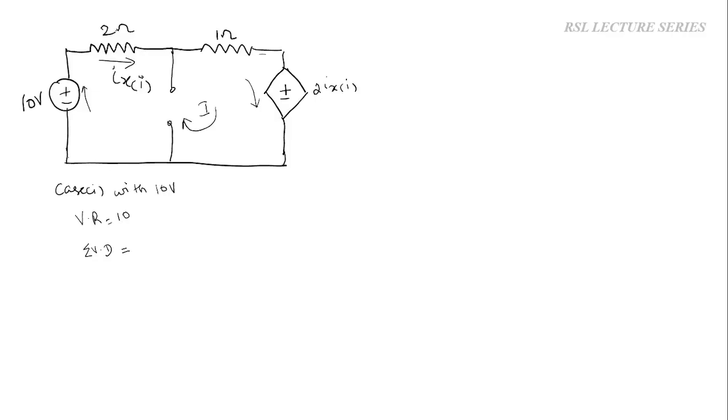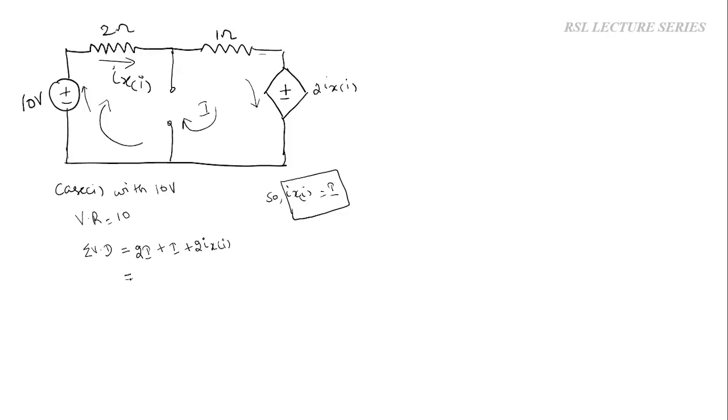So first we'll find out the voltage drop across the 2 ohms resistor: 2 into I, plus the voltage drop across the 1 ohm resistor, 1 into I, or simply I, plus 2 into Ix suffix 1. Okay. In this case, Ix suffix 1 and this assumed current I are both in the same direction. So Ix suffix 1 is equal to I. Both are the same, so we can substitute I over here.